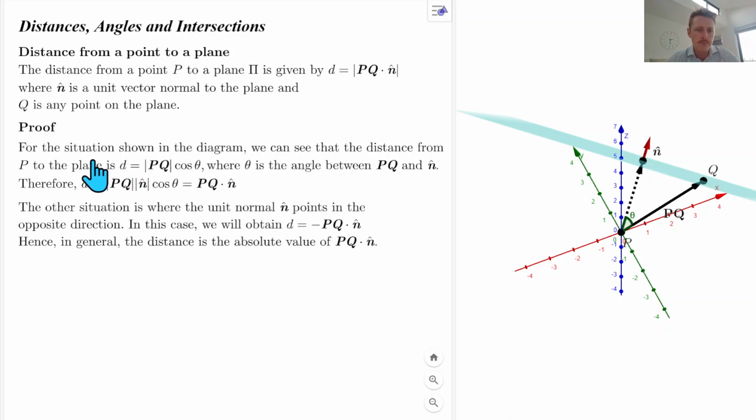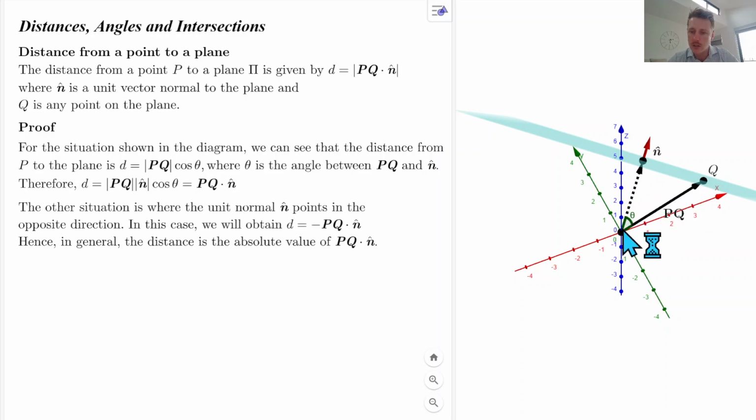So from the situation in the diagram, we can see that the distance from P to the plane is d equals the magnitude of PQ cosine theta. Now what we're doing is creating triangles in our head here.